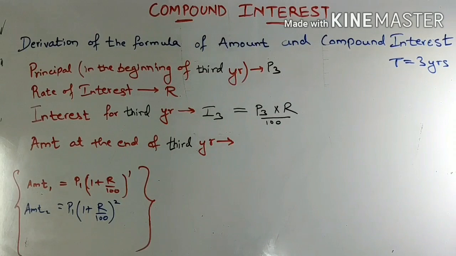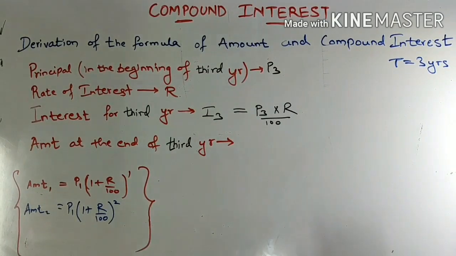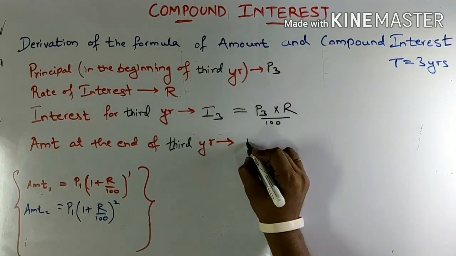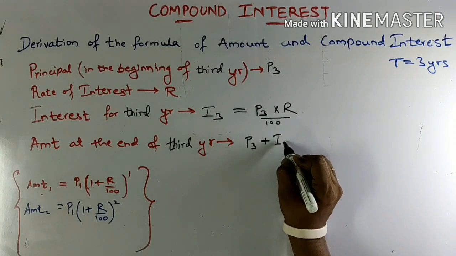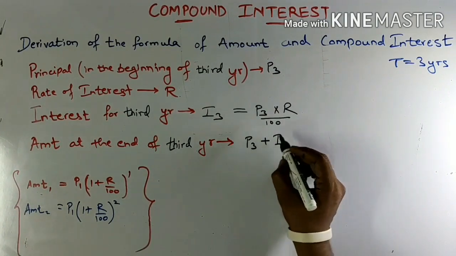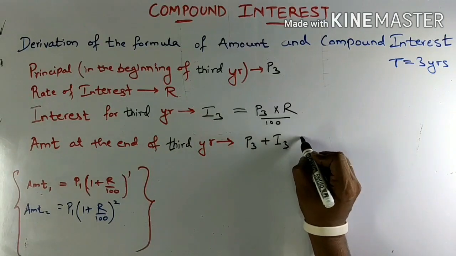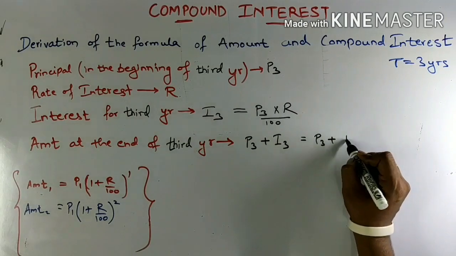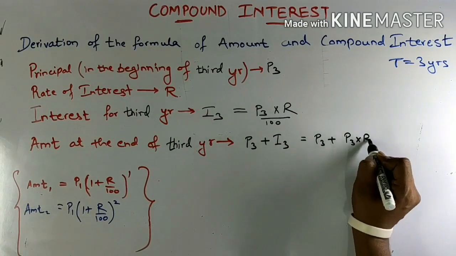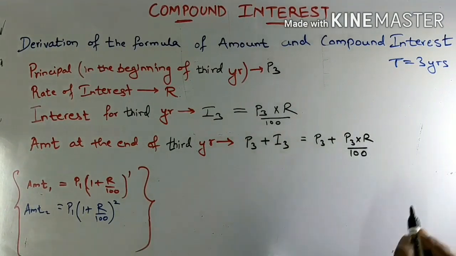So the amount at the end of third year will be the principal of the third year plus the interest of the third year. If I substitute the value of the interest of the third year, I get P3 plus P3 into R upon 100.